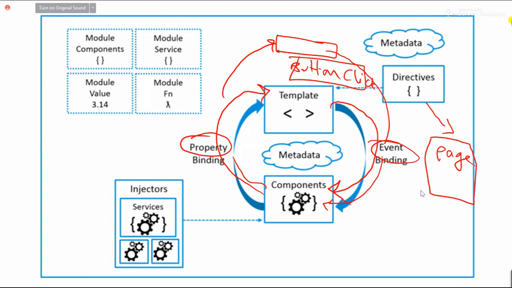Components handle the interactions by using event binding. That's it. So that is the basic point you need to know here. This is how your Angular works at a high level.